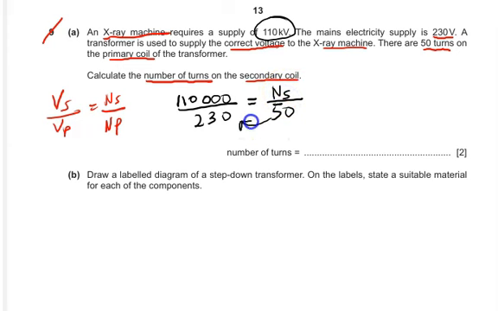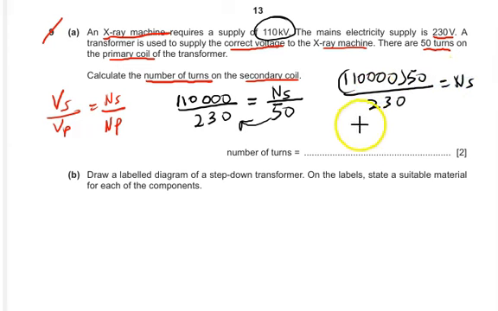So 50 will move here and become multiplied by 50 divided by 230 equals Ns, the secondary coil.